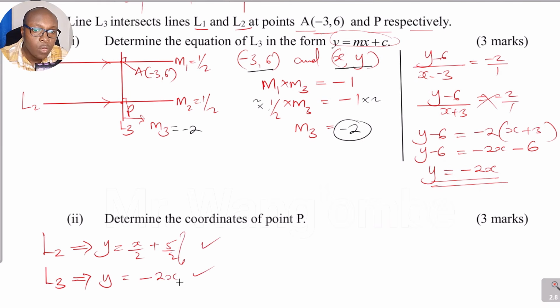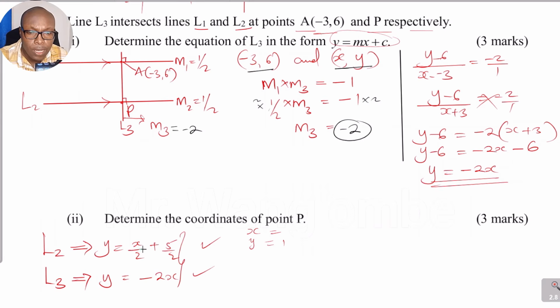Now, if you want to get the point of intersection of these two straight lines, you simply solve the two equations simultaneously. By doing so, you'll get the value of x and the value of y. And then once you get x and y, you write them in coordinate form, and that will be the point of intersection. Any suitable method that you use to solve these two equations is okay.